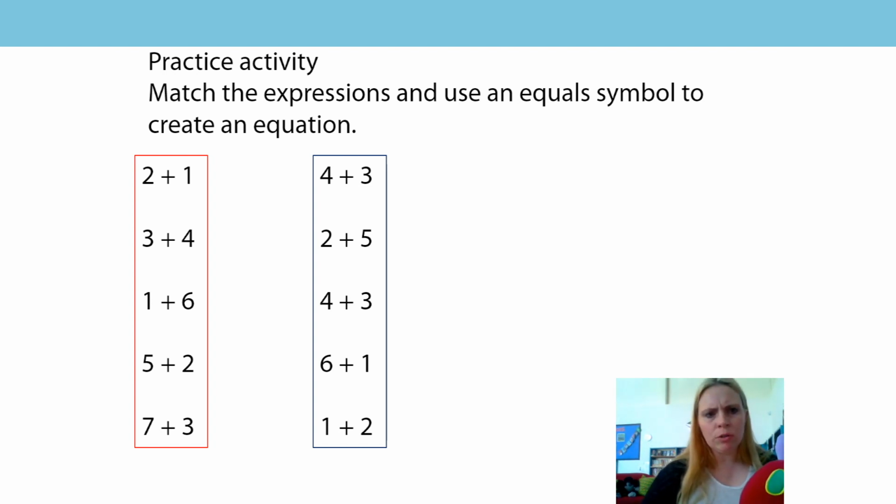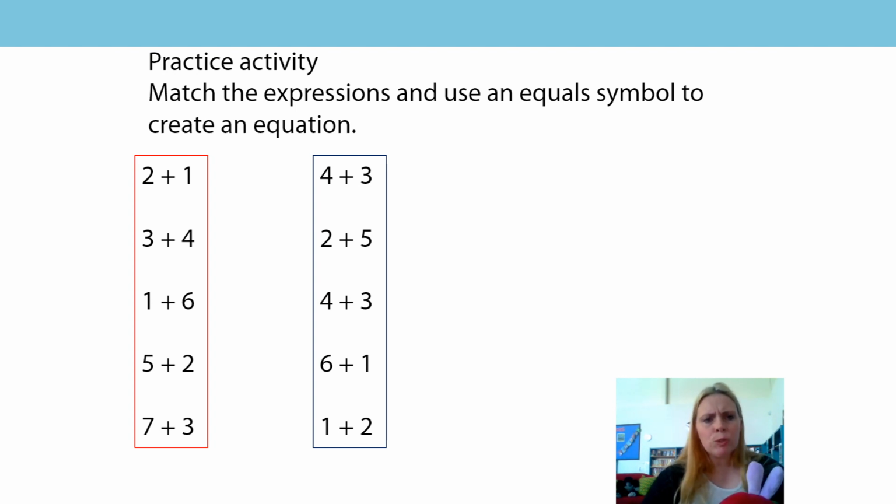I've got a red column and I need to match them with an equation from the blue column, but where the addends have changed places. I'll do a little example for you first, because I don't just want you to draw lines to match them up. I'd like you to write it as our new style equation with the equal sign in the middle.